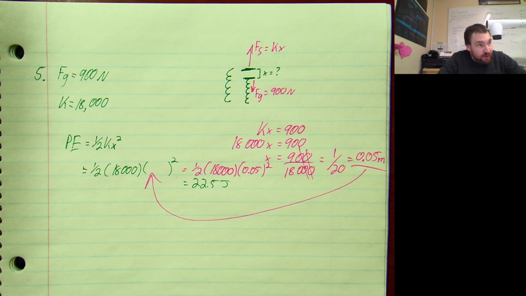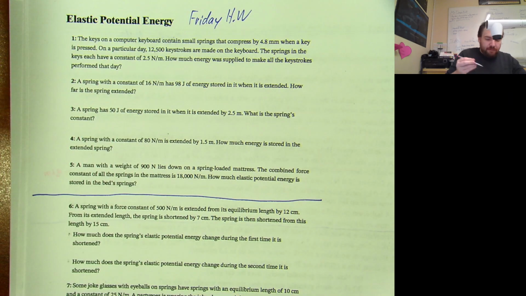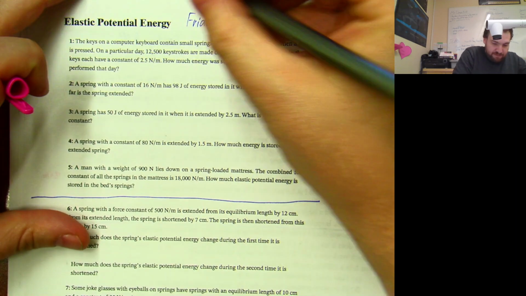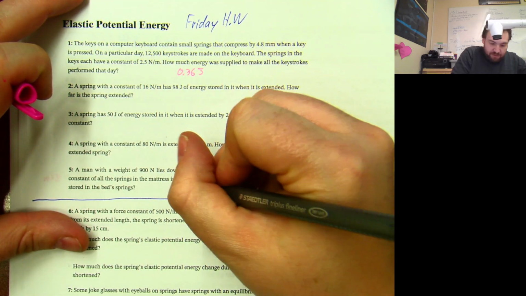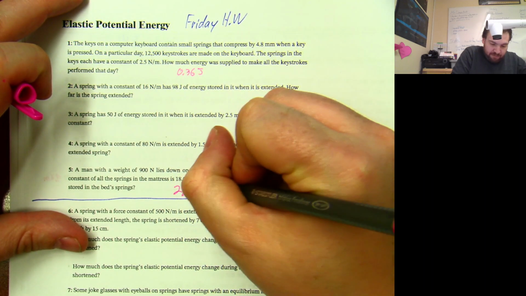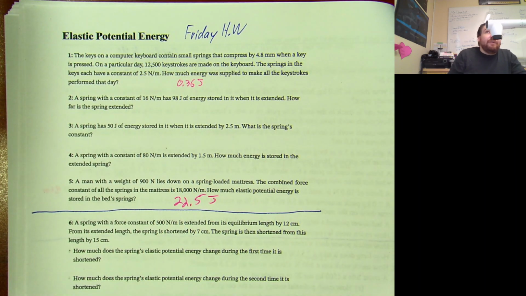Did you do number 1? I did. What was your answer? It was 0.36 joules. I just questioned that. Well, we know Canwar got number 5 right. Did anyone else get a value for number 1?